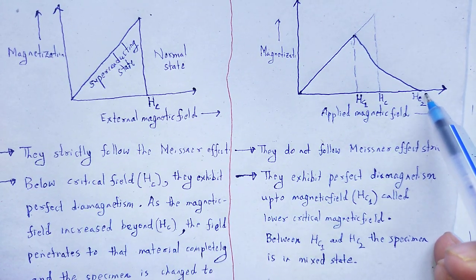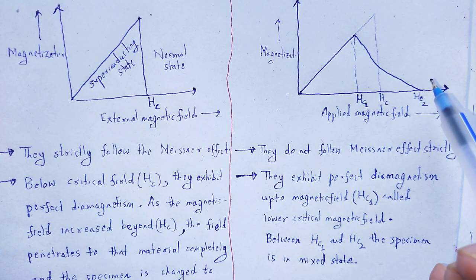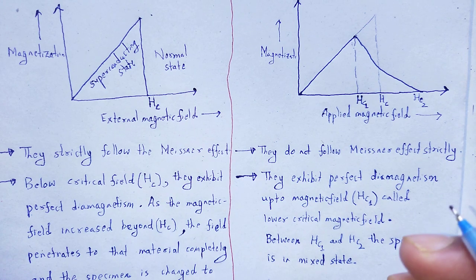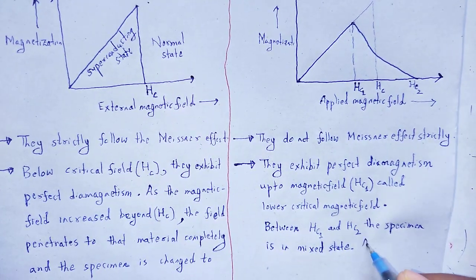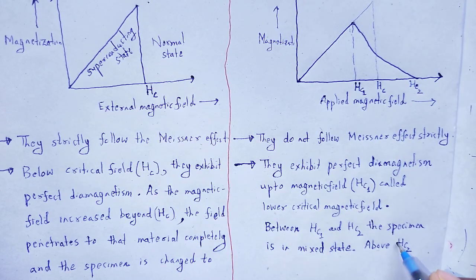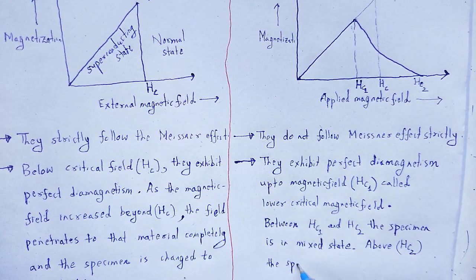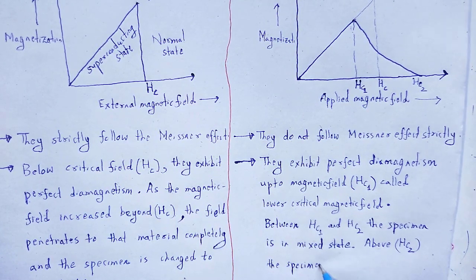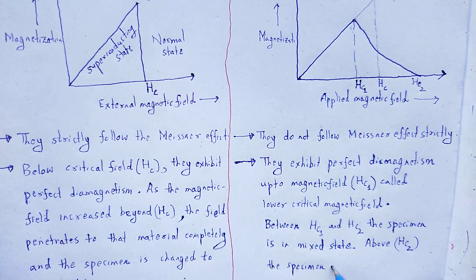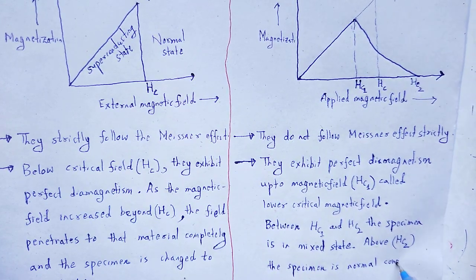But above Hc2, the specimen is a normal conductor.